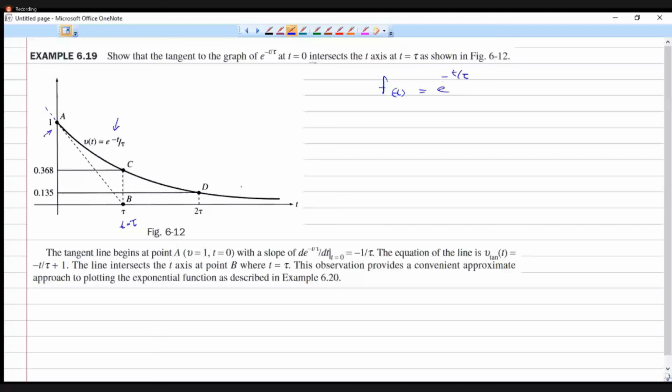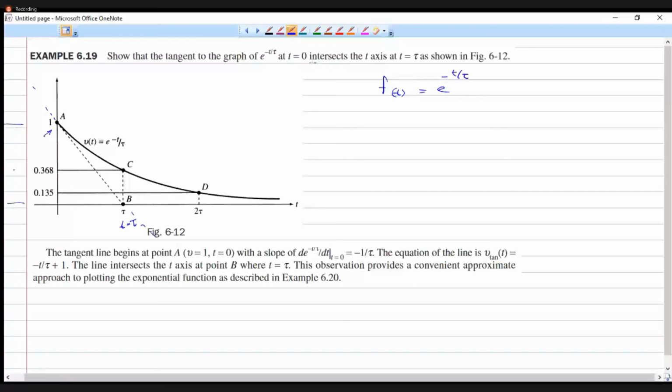Now the tangent touches a point on this function, and we have to draw the tangent at the point t is equal to 0. So what is the value of this function at t is equal to 0? That will be the y-intercept of this line. This tangent is a straight line, right? So it will have some y-intercept, which is given by this.